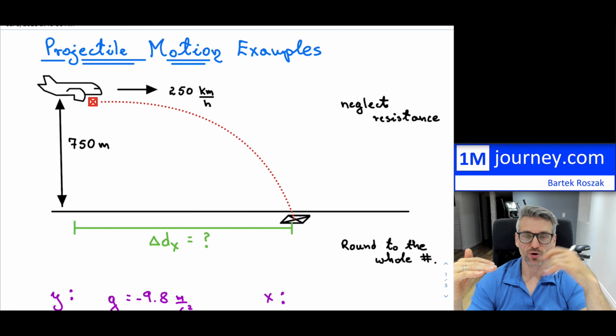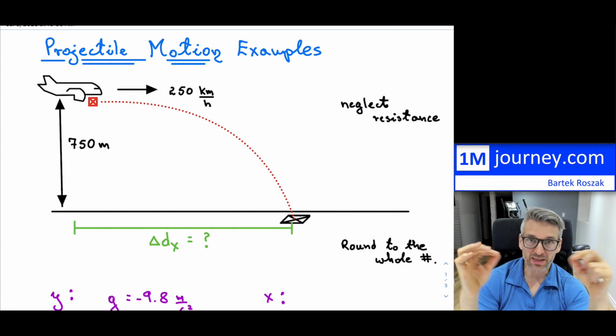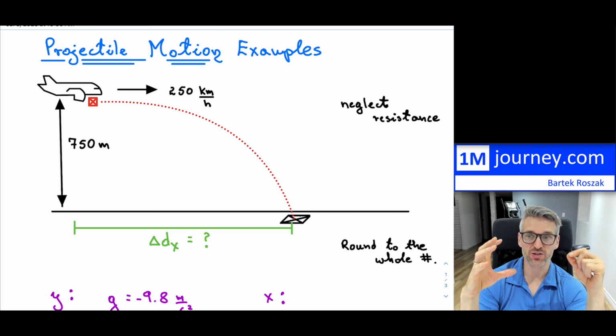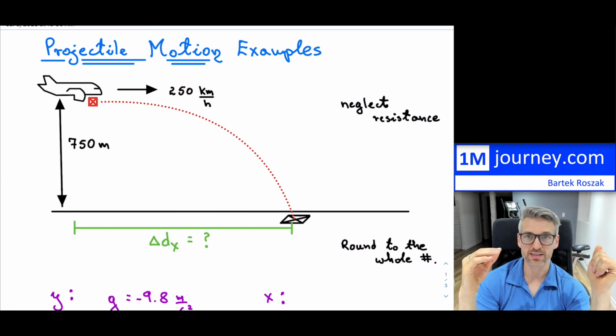And if it is 0, it only has a horizontal component for the speed that this thing is moving at. So when you let go of this package, it's going to have the same speed as the airplane initially, and it's going to carry throughout because we're neglecting any resistance.